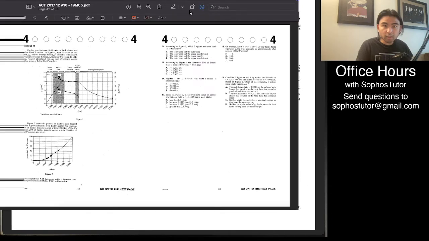So we're going to go ahead and mark figure 1. Let's get our marking tool here. And we see that it has figure 1 listed there. So we look at figure 1, we see figure 1 is written right here. It's asking which two regions are most similar in thickness.